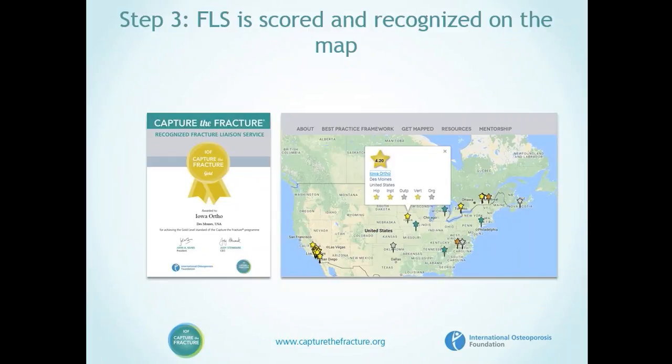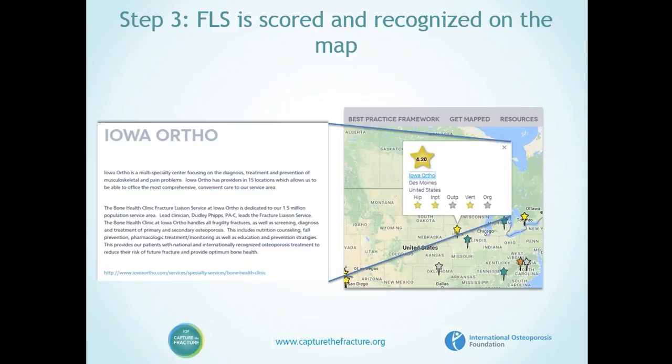And then the FLS is scored and it's recognized on the map. In this case, you can see that's a site in Des Moines, Iowa, which has got a 4.2 score and a gold star on the map. And you can see the maps that are available at this time in the US.